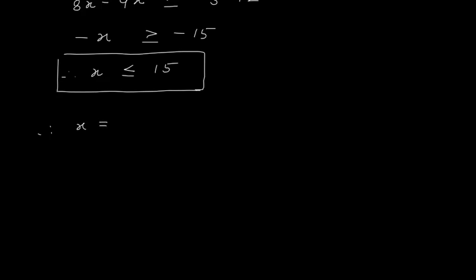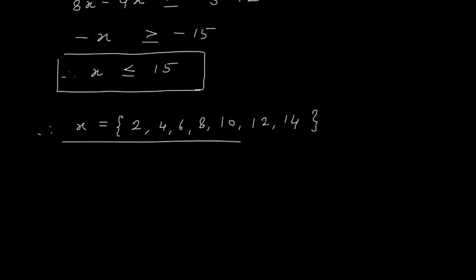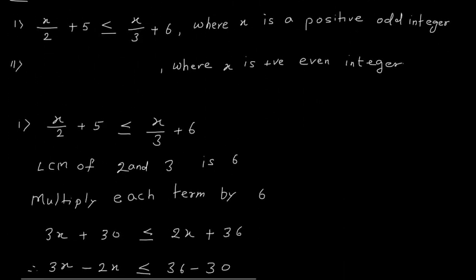Therefore x is equal to 2, 4, 6, 8, 10, 12, 14. Okay, so this is the value of x. X is 2, 4, 6, 8, 10, 12 and 14. Okay, so this is the 13th question.